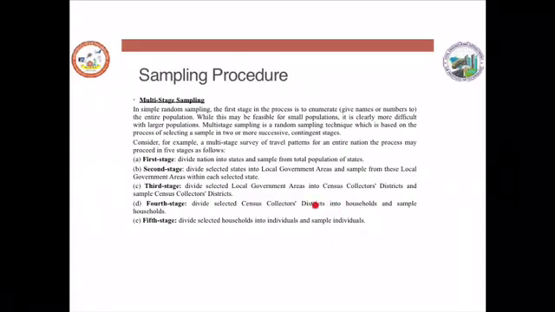Now, when the samples are collected from the individuals of the household, they will represent the characteristics of the household. And all the households will represent the characteristics of the district. When you aggregate the details of the districts, you will get the details of the local government areas.